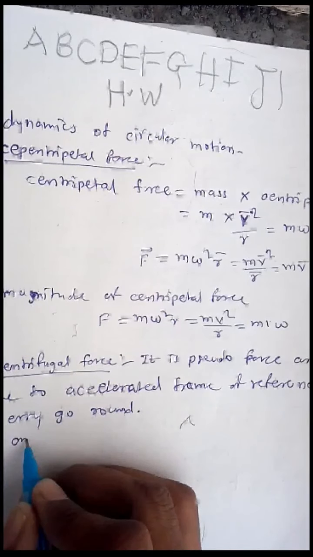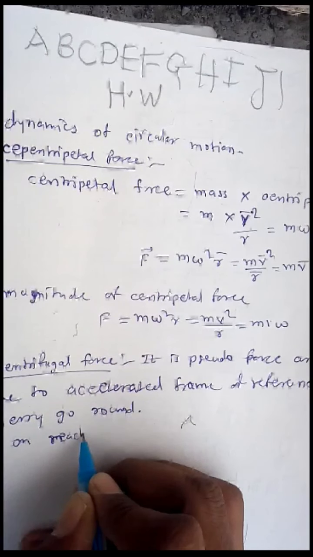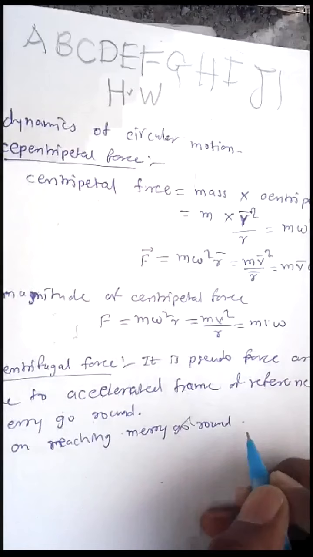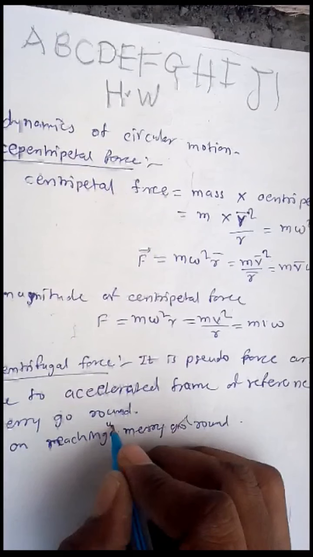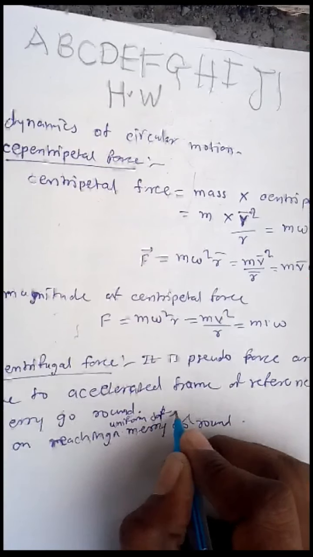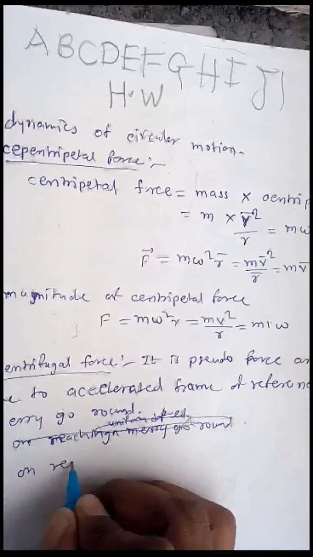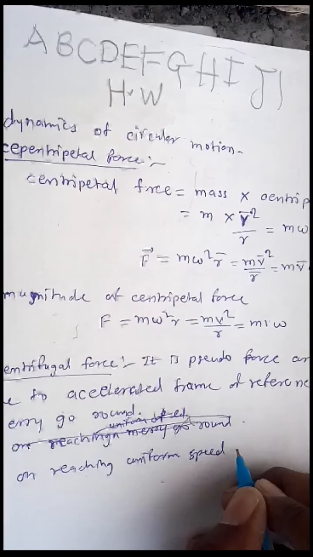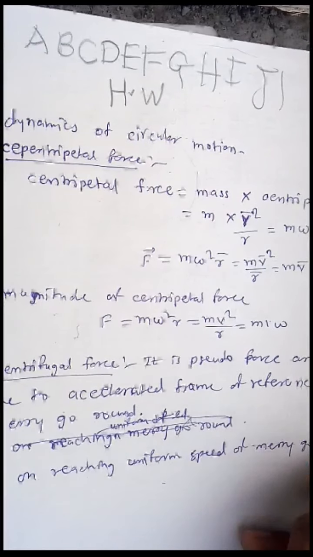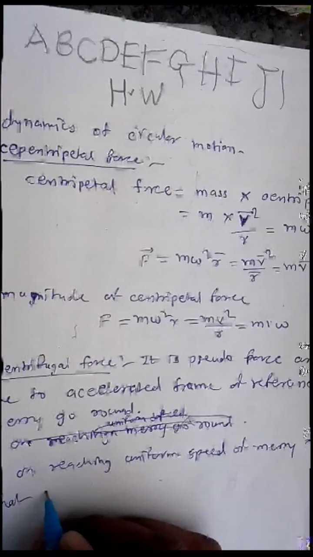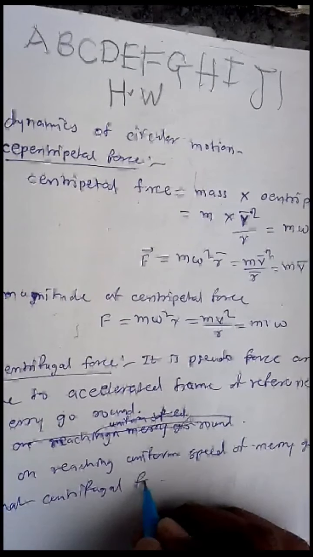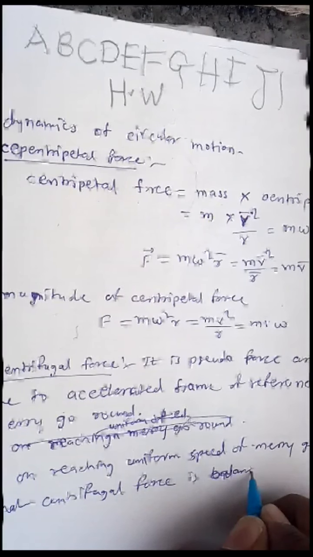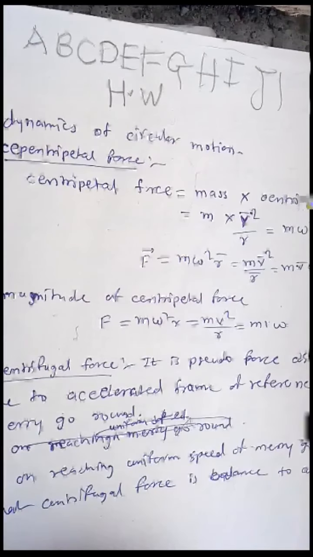On reaching uniform speed of the merry-go-round, that centrifugal force is balanced by all the real force.